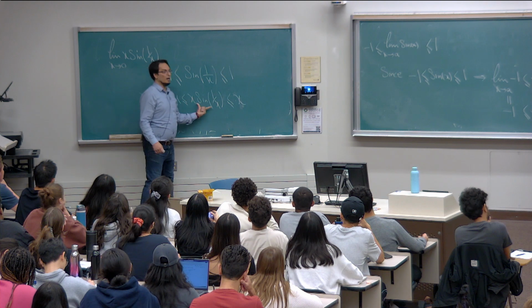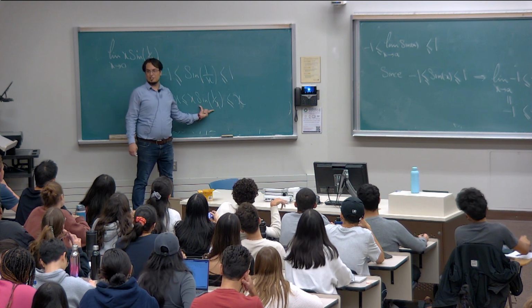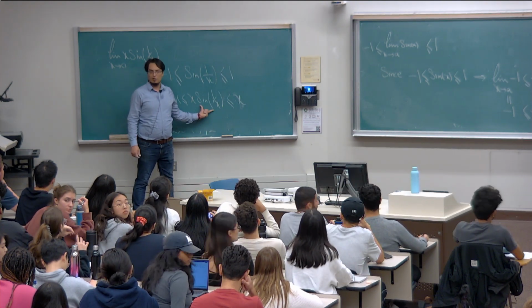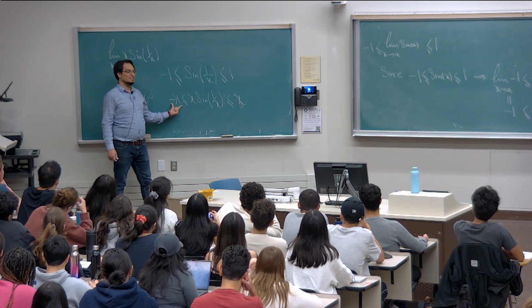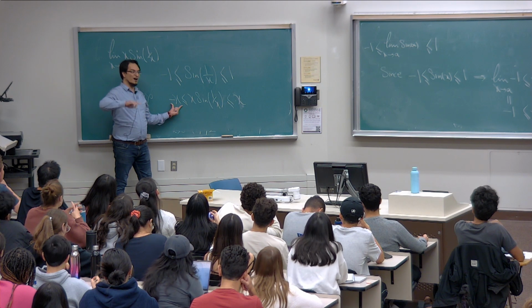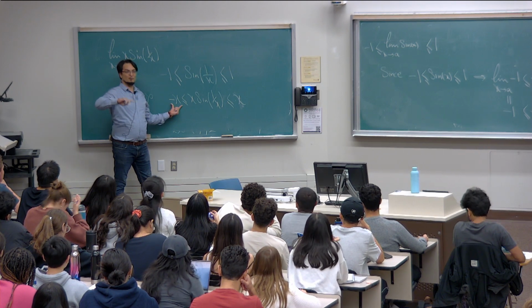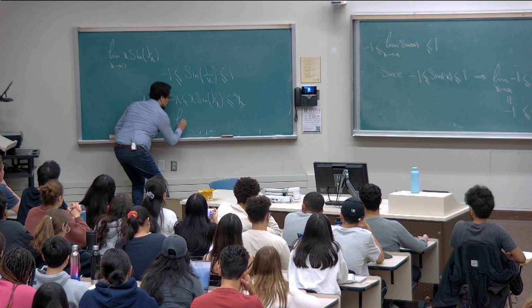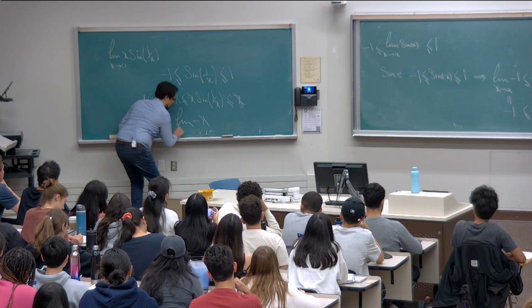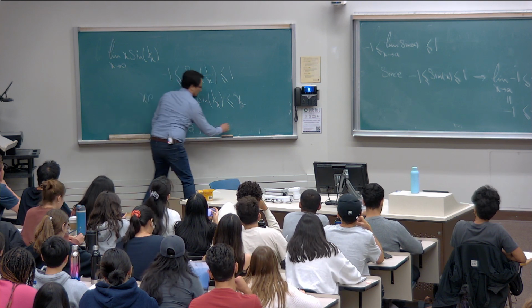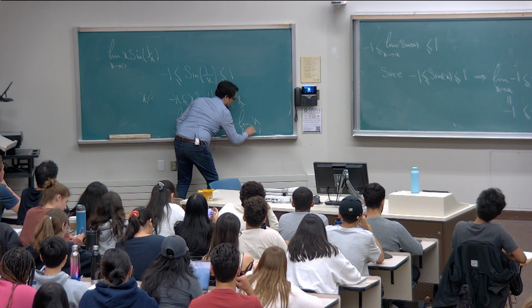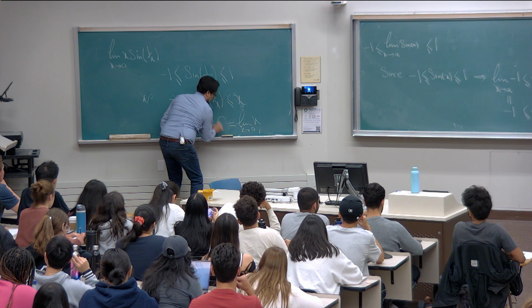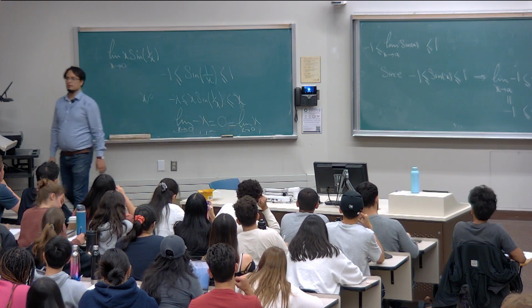x sine 1 over x is a complicated function as x approaches 0. But x itself, or negative x, these are easier functions when we are trying to find the limit. Indeed, we know that the limit of negative x as x approaches 0 is equal to the limit of x as x approaches 0. Here it is 0.